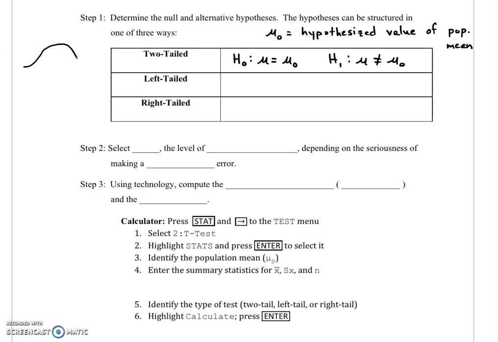Again, if we have to do that on a normal curve, we have our test statistic, and we need both tails for the two-tailed test. Left-tailed, we have H naught: mu is equal to mu naught. And H1, since it's a left-tailed test, will be mu is less than mu naught.